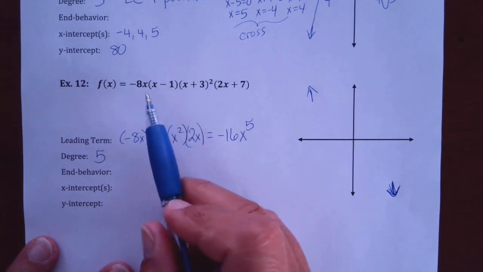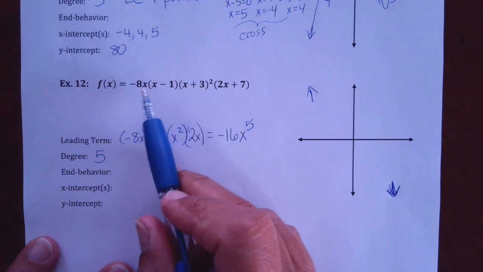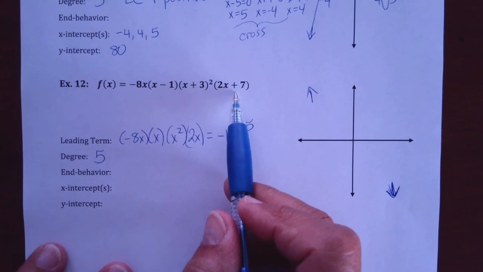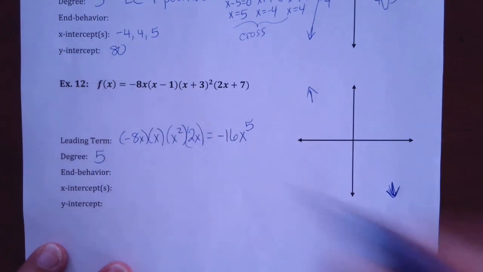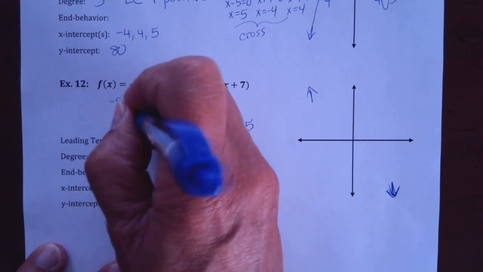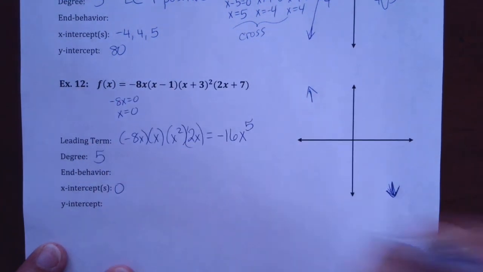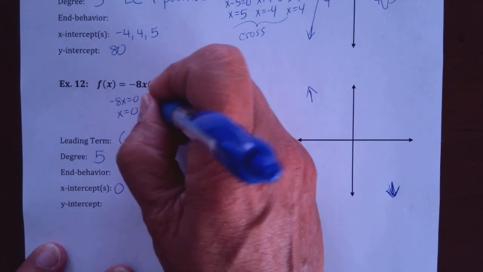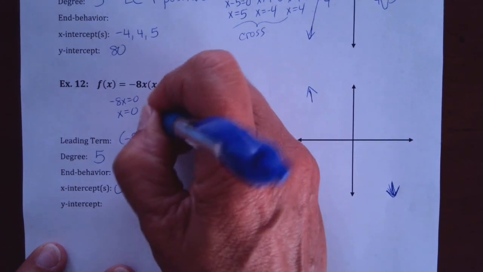The x-intercepts on this one are easier because I just have to take each factor and set those equal to 0. So if you set negative 8x equal to 0, solve that by dividing by negative 8, you get 0. Set x minus 1 equal to 0, solve that, you get 1.